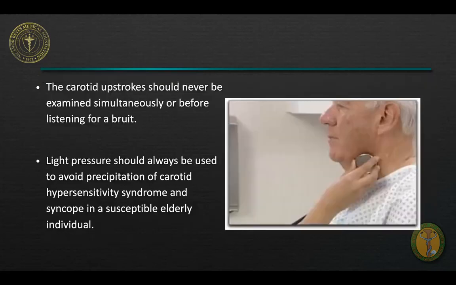When examining the carotid pulses, the carotid upstroke should never be examined simultaneously or before listening for a bruit. Light pressure should always be used to avoid precipitation of carotid hypersensitivity syndrome and syncope in a susceptible elderly individual.